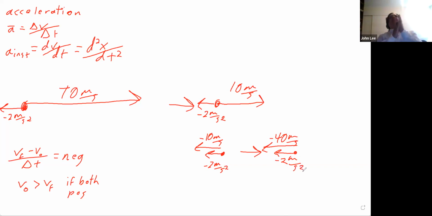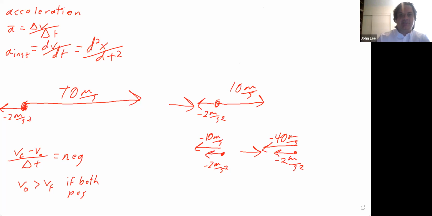So it's accelerating in the negative direction, which means that if the velocity is in the positive direction, then it's slowing down. But if the velocity is in the negative direction, then it's speeding up in the negative direction. Hopefully that makes sense.